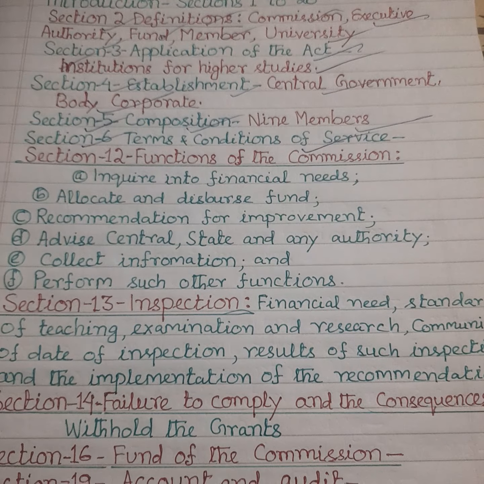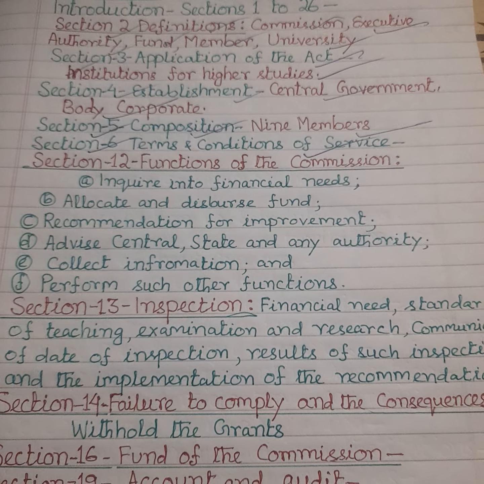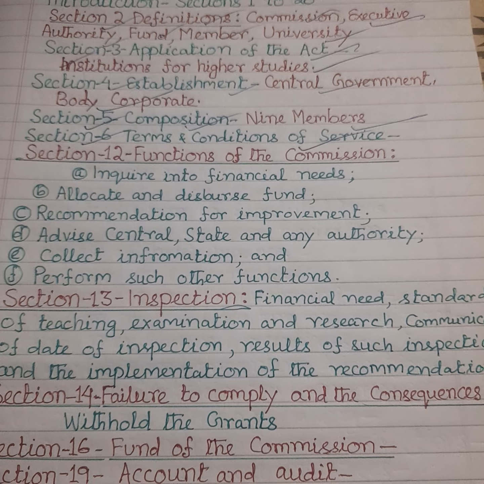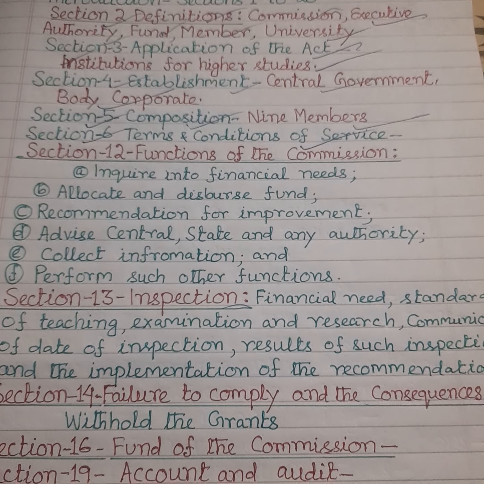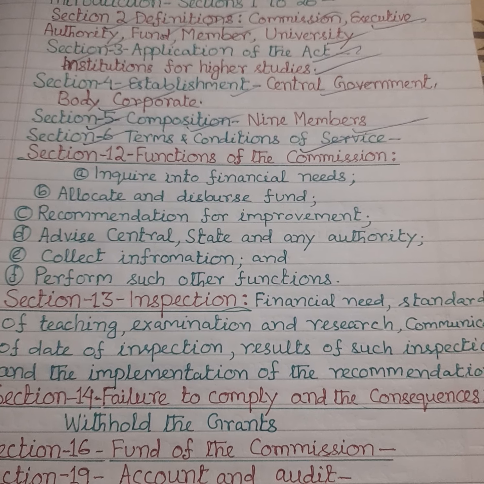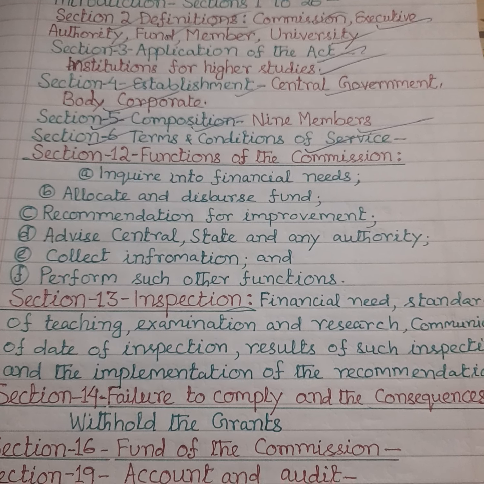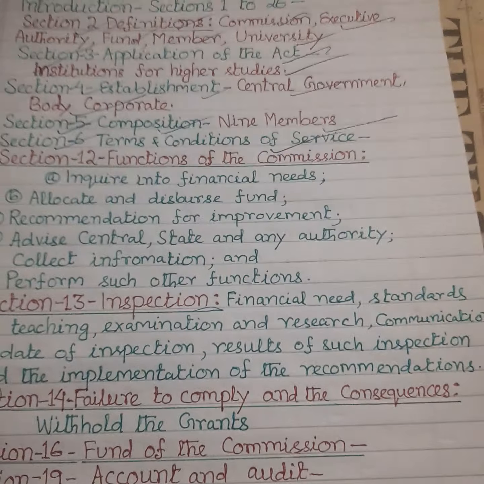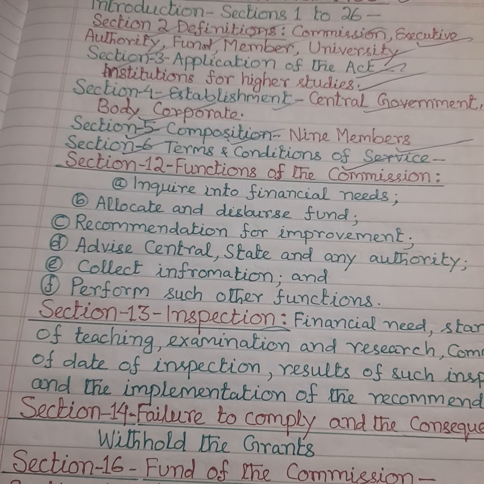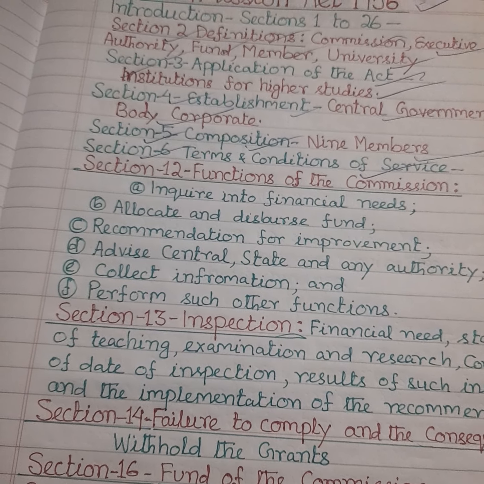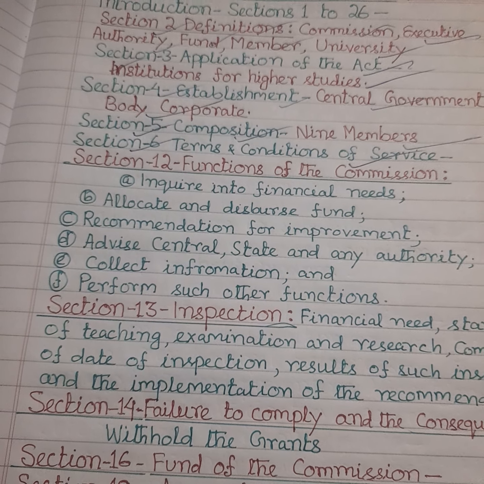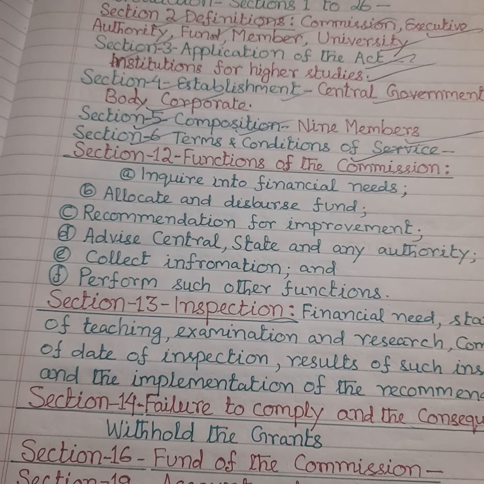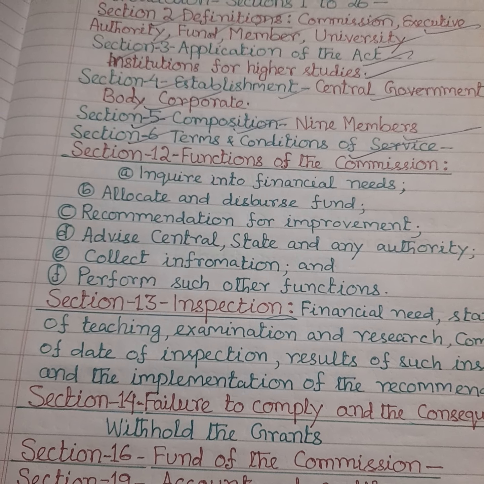Further, a member may resign his office by writing under his hand addressed to the central government, but he shall continue in office until his resignation is accepted by the central government. Further, a casual vacancy created by the resignation of a member under subsection 2 of this section or of any other reason shall be filled by fresh appointment, and a member so appointed shall hold office for the remaining period for which the member in whose place he is appointed would have held office.